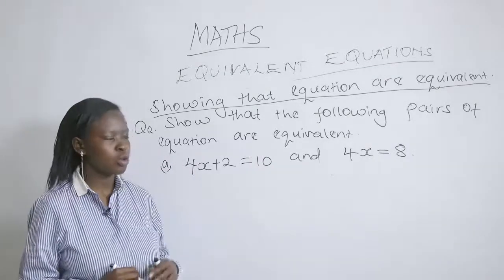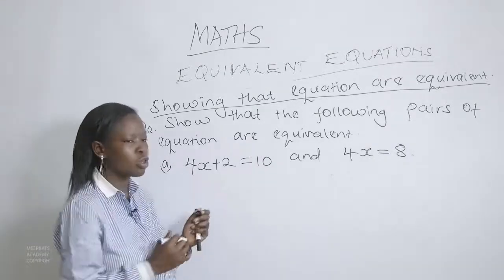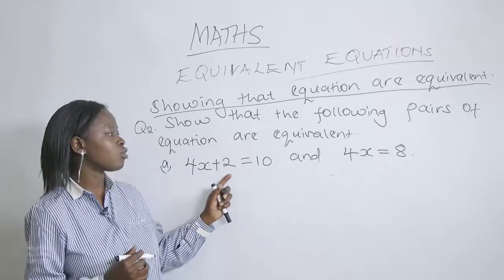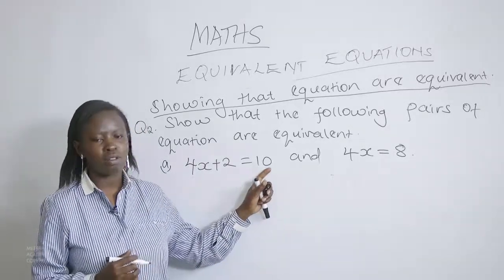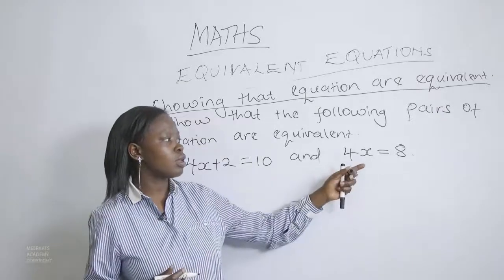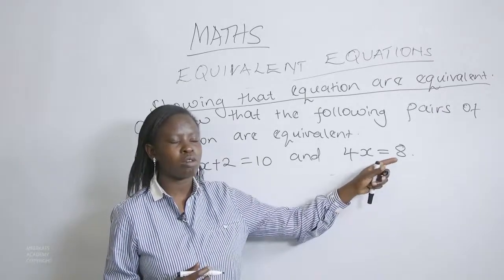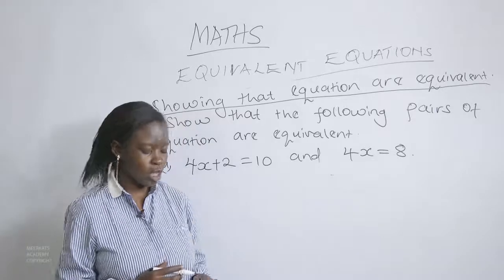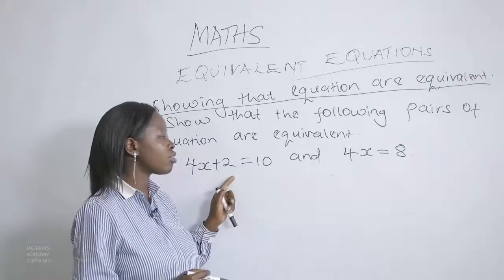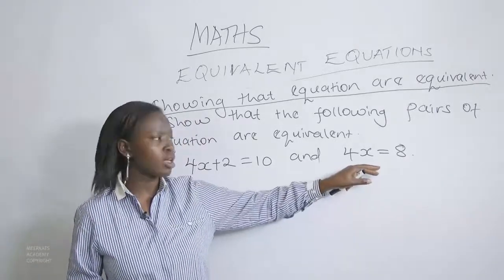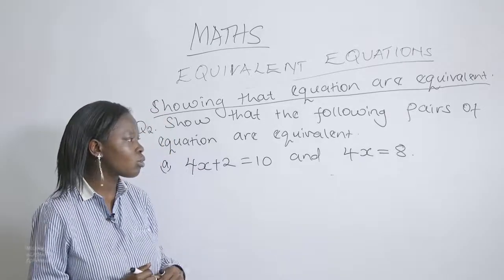So the first equation is 4x plus 2 is equal to 10. That is the first equation we have. The second equation is 4x is equal to 8. We need to find out, is the first equation equivalent to the second equation? And this is what is happening.